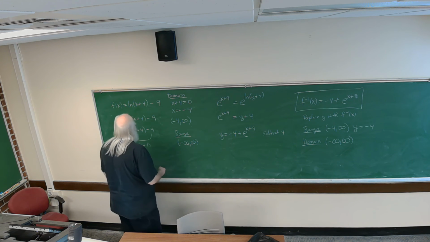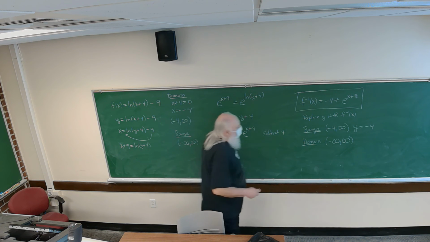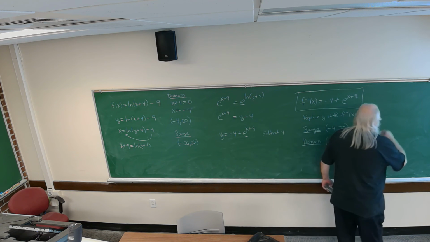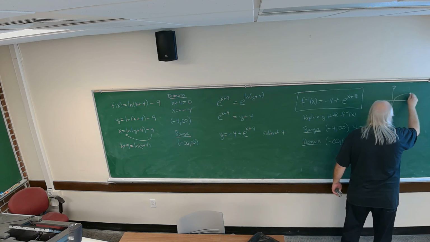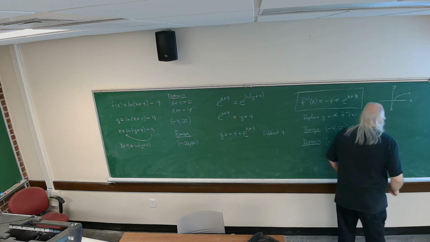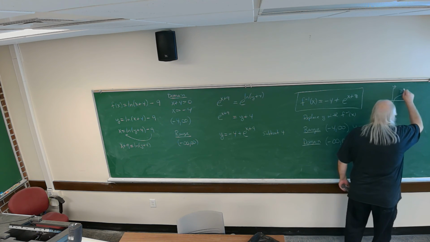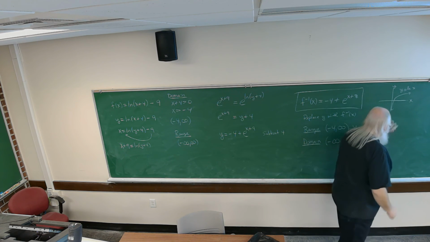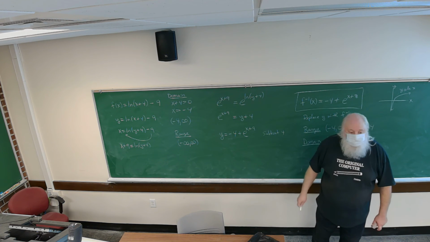So graphically, remember the natural log function when we graphed that way back when? Its graph looked like this, right? There's no minimum y value, there's no maximum y value. This is the graph of y equals the natural log of x. And that's why the range is minus infinity to infinity.